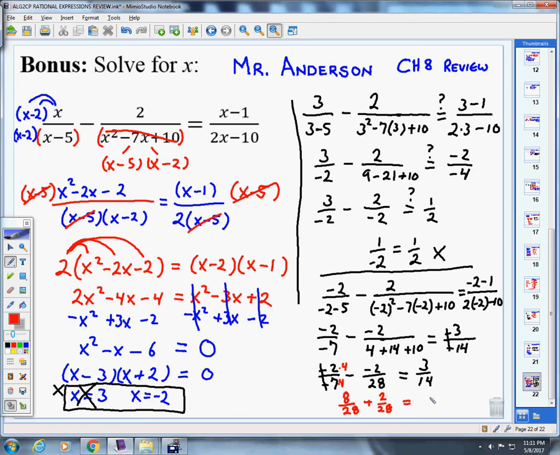And does that equal 3 over 14? 8 plus 2, that is 10 28ths. All right, 10 28ths. All right, that makes 5 14ths, not 3 14ths. So this is showing not equal to.